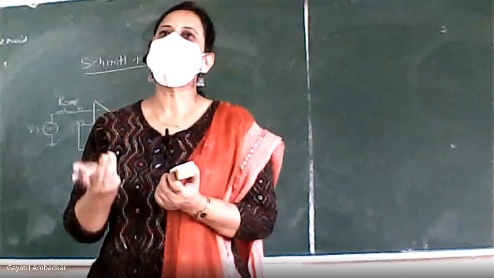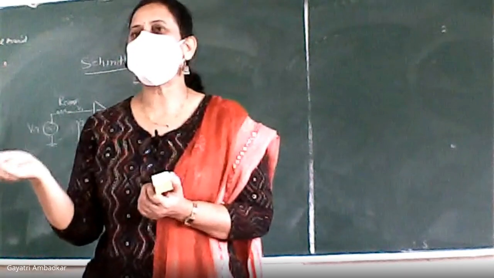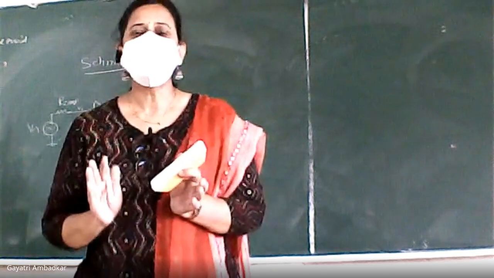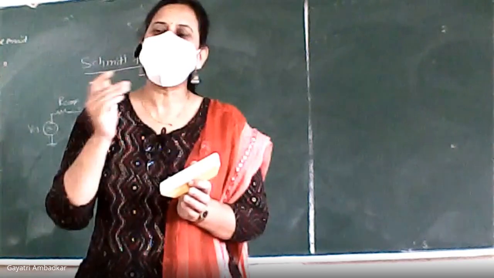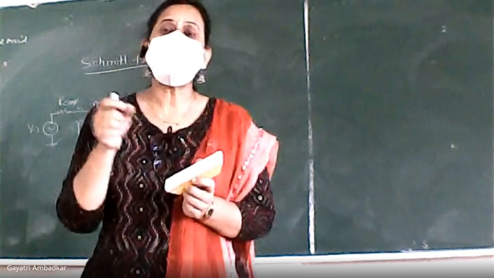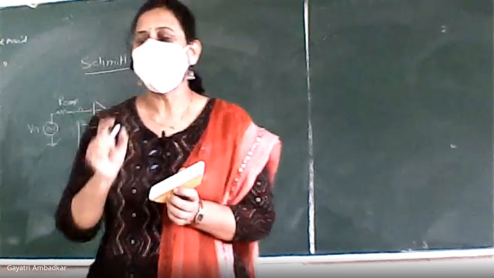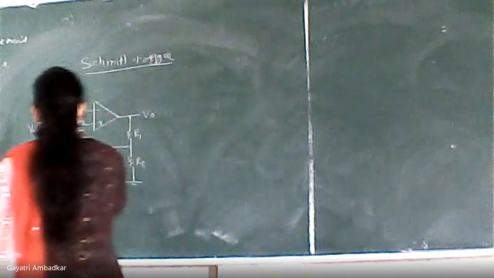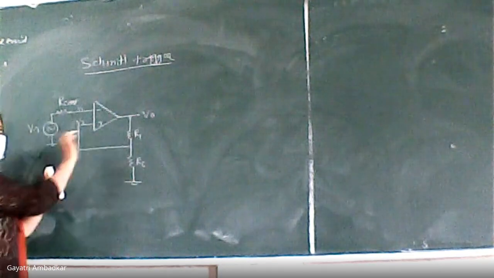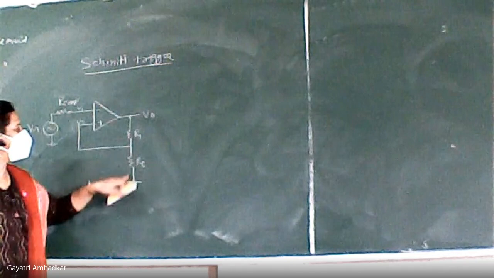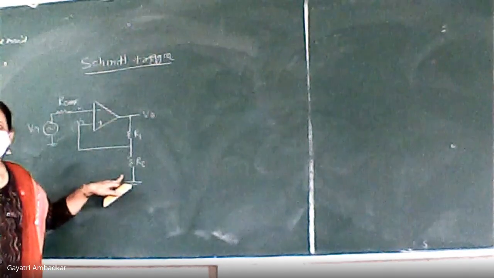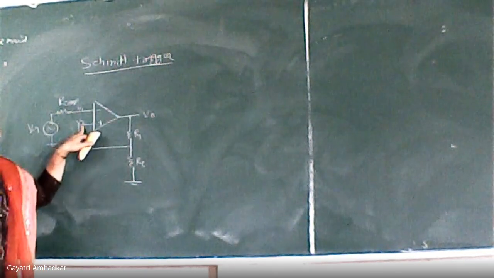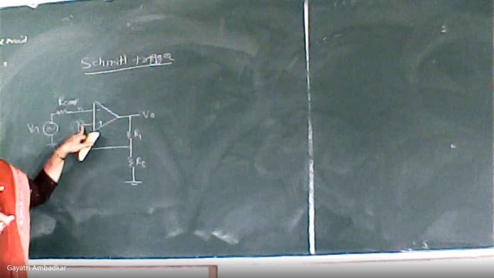In that case, that fixed voltage I may call a reference voltage. So op-amp is comparing one input with the reference voltage, which I have externally connected. Now, instead of connecting here some DC voltage, I will take this voltage as my reference voltage. The voltage at terminal 2 or V2 is my reference voltage.